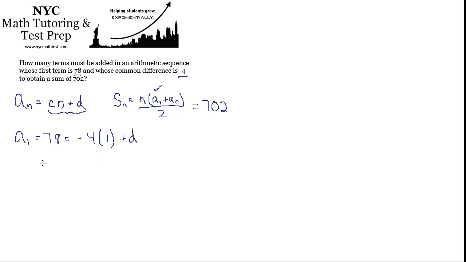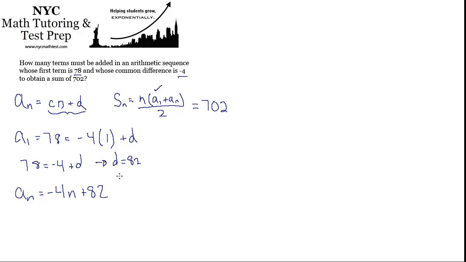So this we can do. 78 equals -4 plus d. So this implies that d must be 82. Okay, so now we know the expression for a sub n. We can say a sub n equals -4n plus 82.